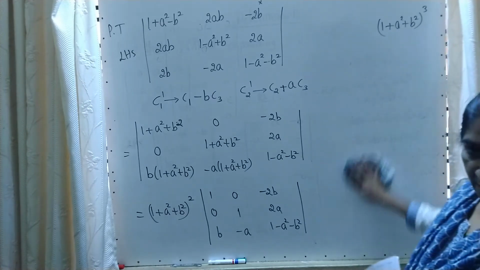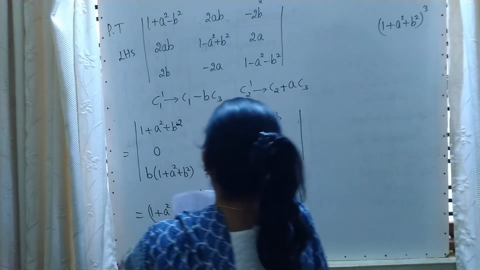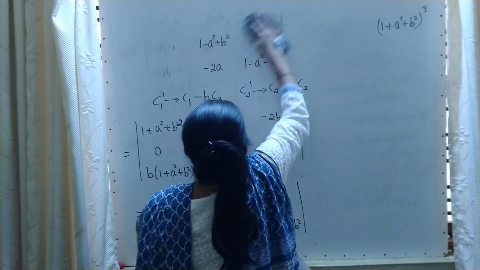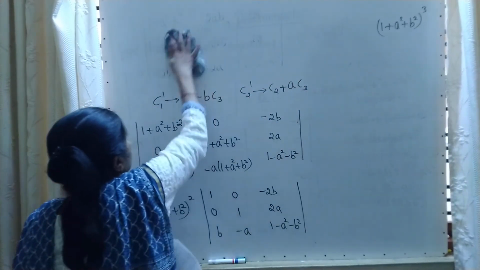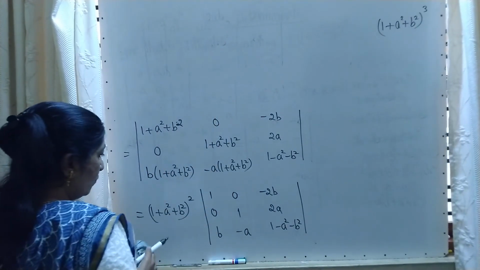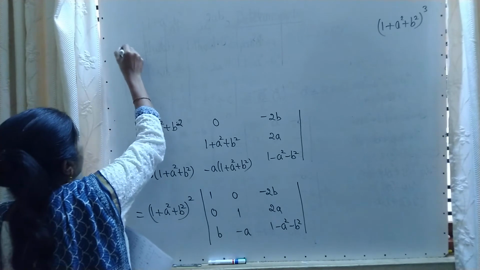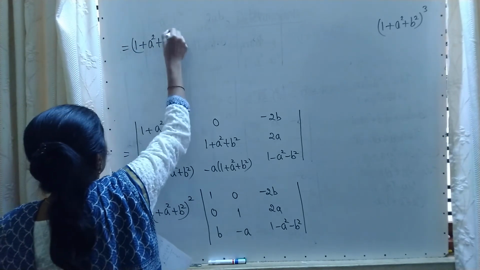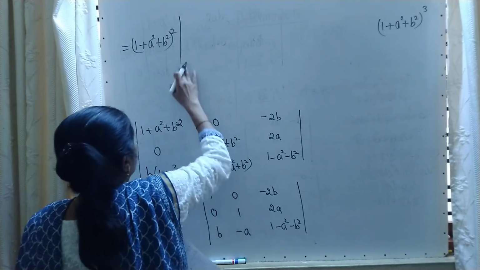Now expand it. So here I am expanding because we got two elements 0. So here outside 1 plus a square plus b square whole square. Now expand.